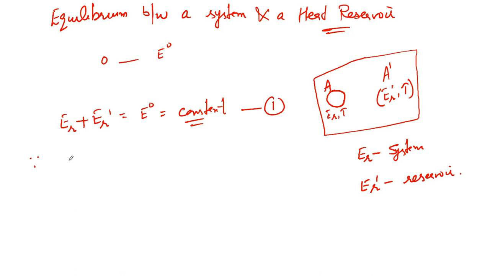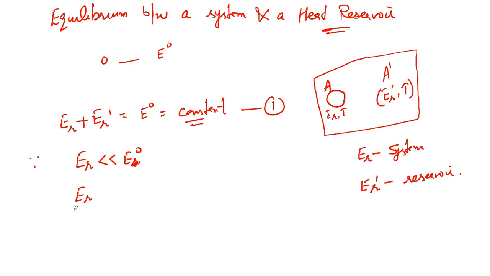Now the reservoir is much larger as compared to the system. Therefore the value of ER would be very small as compared to the total composite energy E naught. So we can establish a relation.